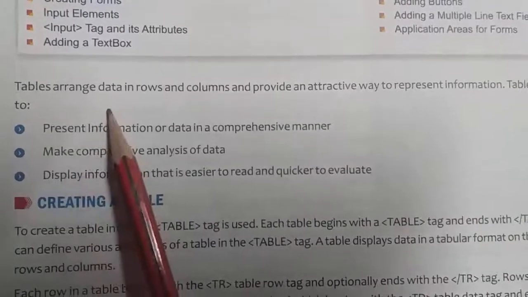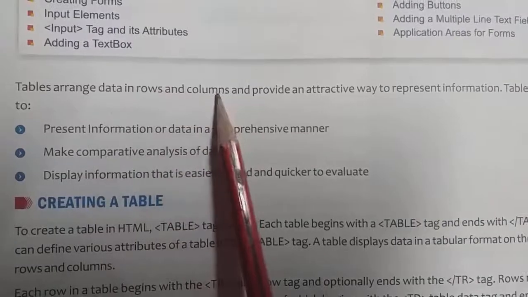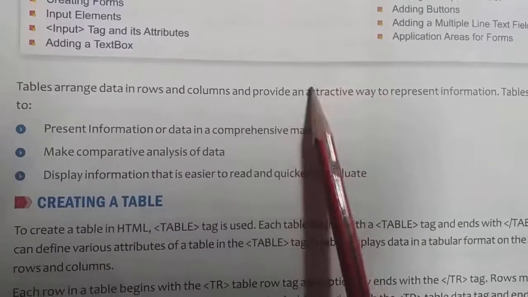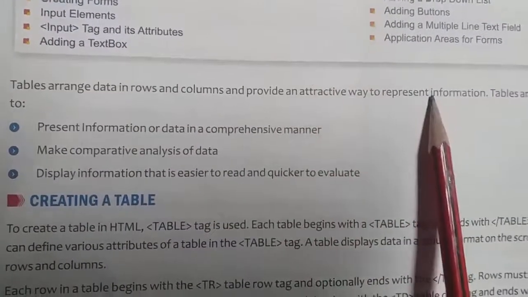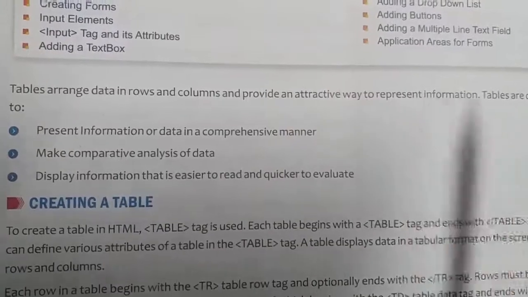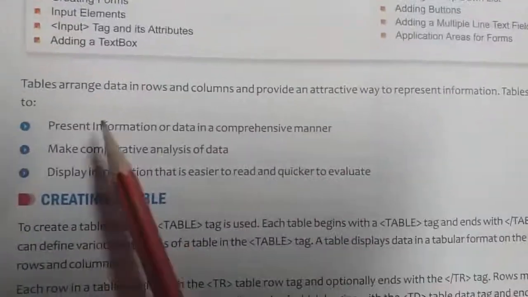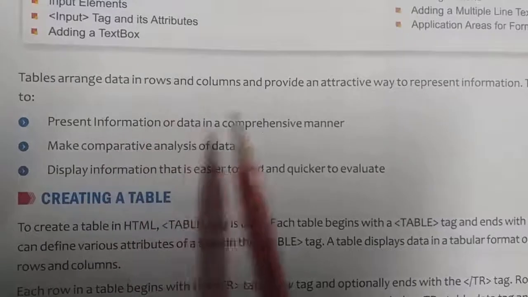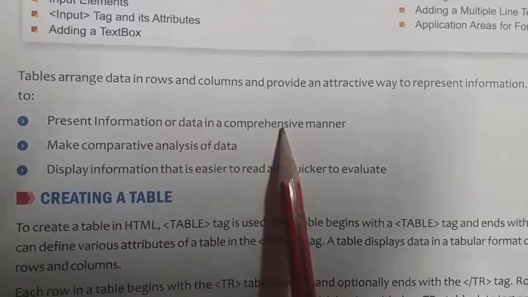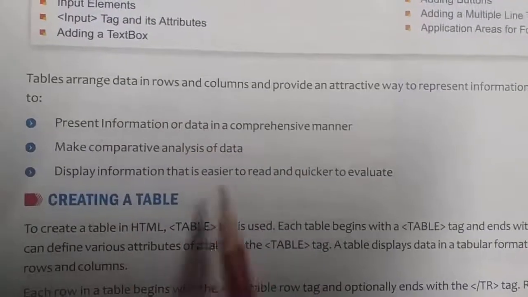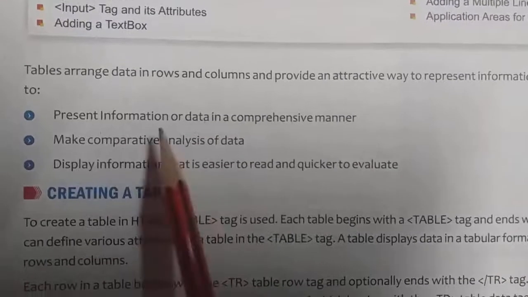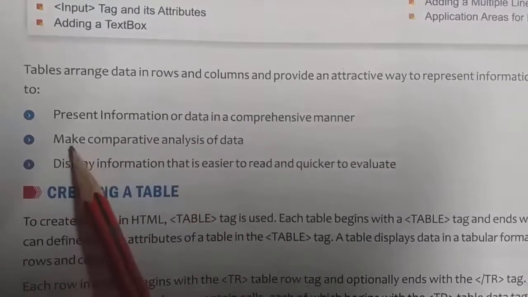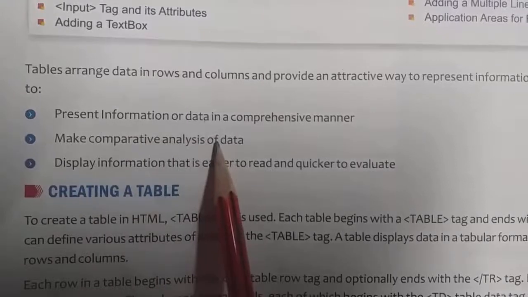In tables, we create rows and columns, and these provide an attractive way to represent our information. Tables are created to present information or data in a comprehensive manner, and they are used to make comparative analysis of the data.